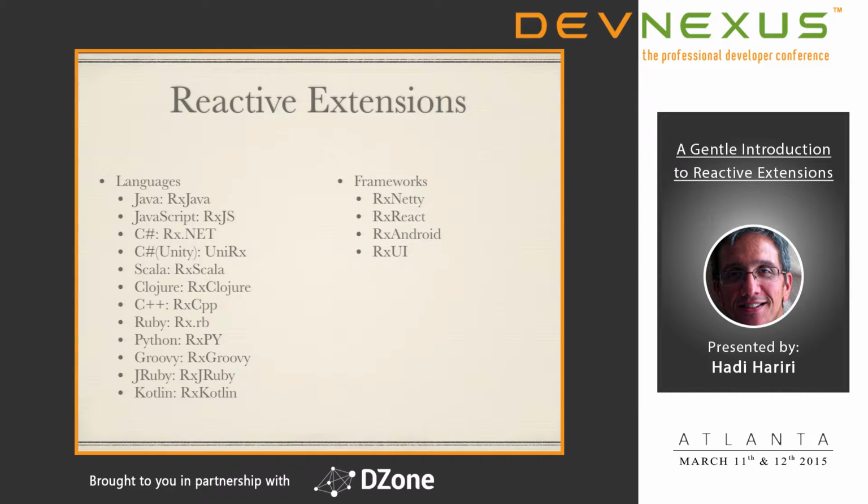Reactive Extensions exists right now in different forms, some under the umbrella of RxJava, a library by Netflix, as I mentioned, which is available for all of these languages. It's not available for OCaml, if anyone's doing OCaml, but it's available for all the others.